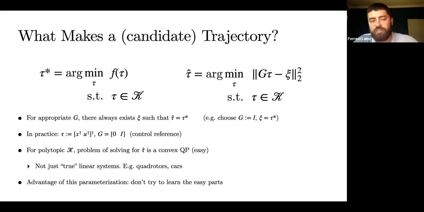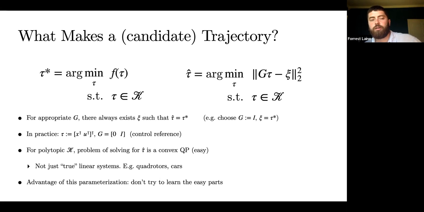So we have tau star. Tau is going to be our trajectory, described in some variables. It's some kind of representation that describes where our system is going to be over time for some finite time duration. Depending on how we parameterize this, there are different shapes that this can take on, but roughly just understand that this is a trajectory in some abstract sense.